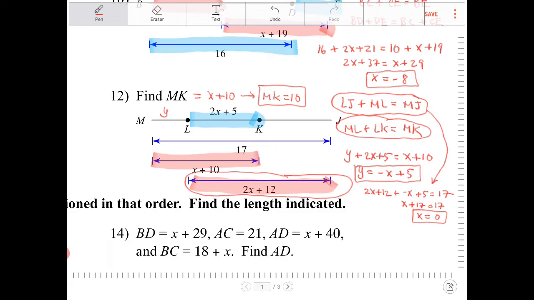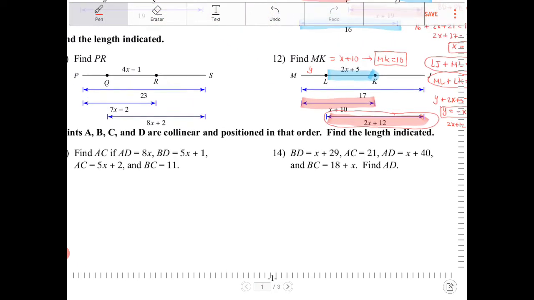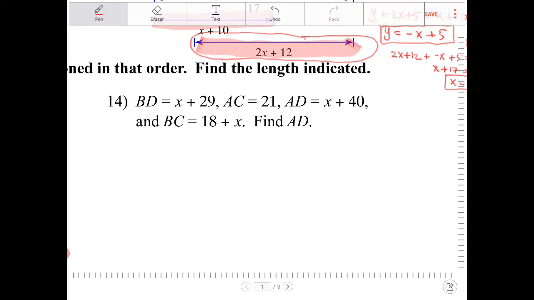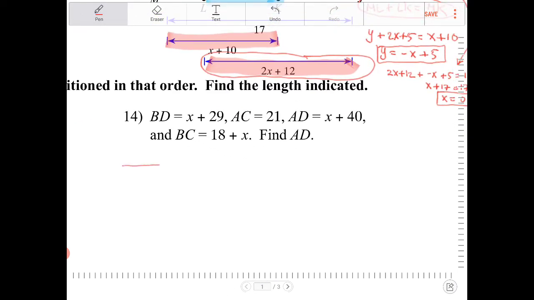All right. Let's take a look at another question. Here it says points A, B, C, and D are collinear and positioned in that order. Find a length indicated. So A, B, C, D are all collinear. It says here that BD is equal to x plus 29.